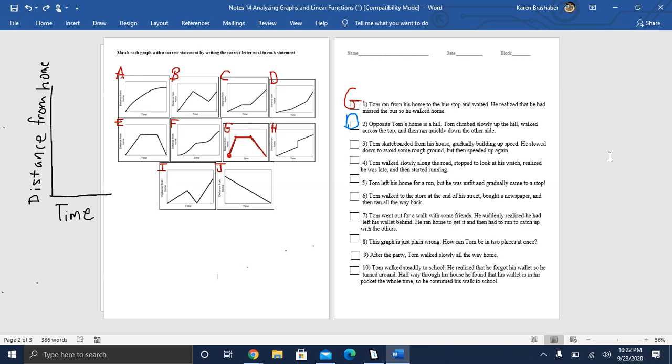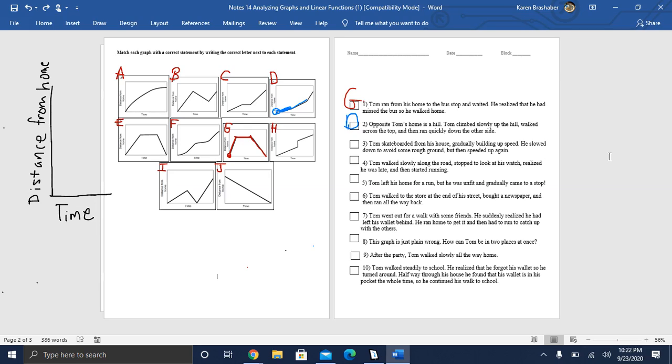So he's starting here at home and he's walking this whole time. The whole time that he's walking, he's taking time, so it's going to go across and he's getting further from home. But we have a slow climb, so this slope that we see is a little flat. Then he walked across the top, so that's steady.